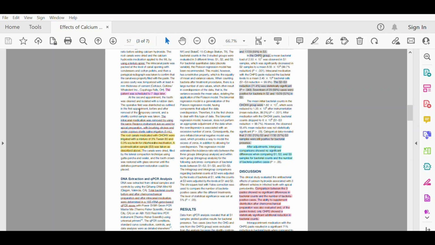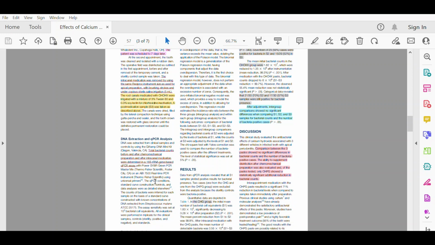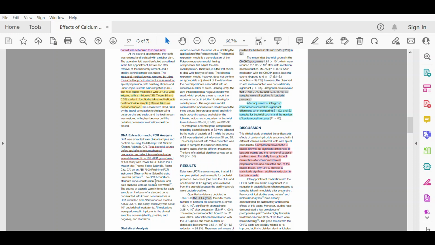Then after 7 days, as I mentioned, they took the third sample with a paper point as a post-medication sample. Then they assessed the total bacterial count before and after chemomechanical preparation and after intracanal medicament using a 16S ribosomal RNA gene-based quantitative PCR assay.